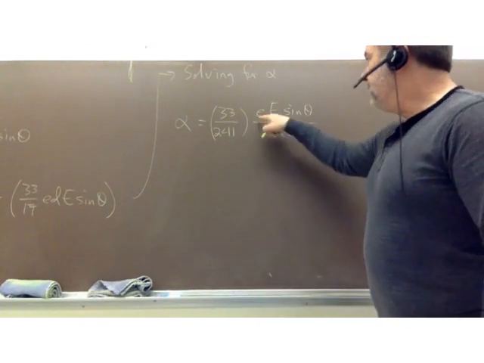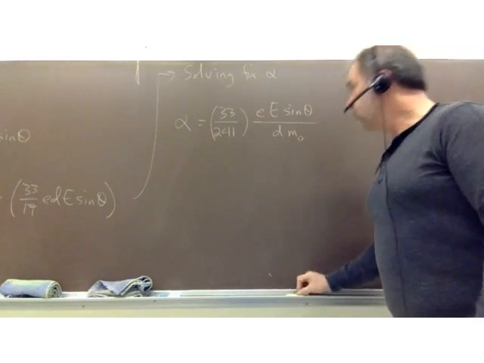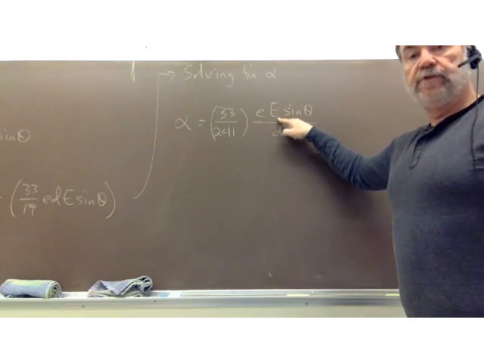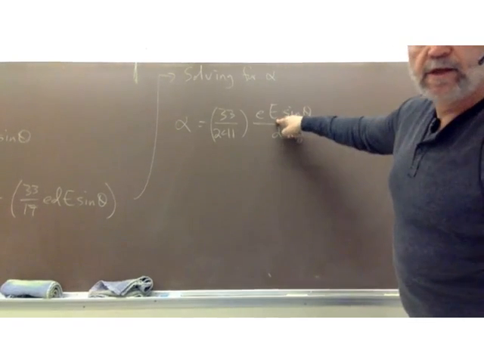Okay, let's see. E is the elementary charge, 1.602 times 10 to the minus 19th coulombs. Capital E is the electric field, 4 times 10 to the minus 6 newtons per coulomb.